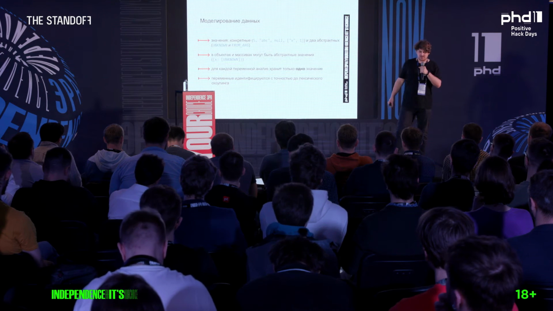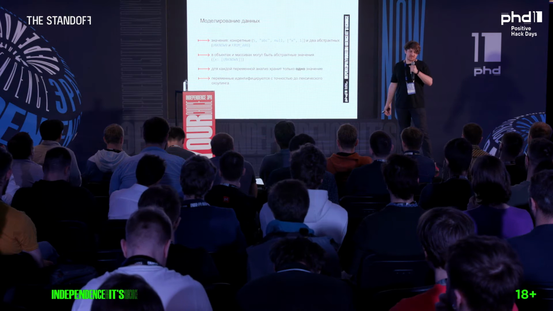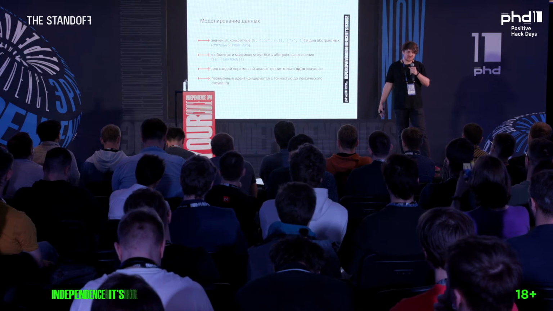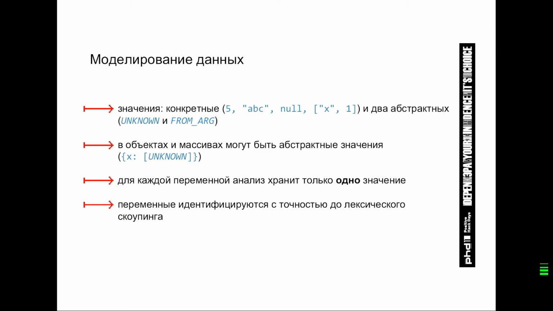In terms of how we model data, the analyzer supports primitive types, numbers, null, strings, etc., and everything that any system would have, like objects, and also unknown and from arg.